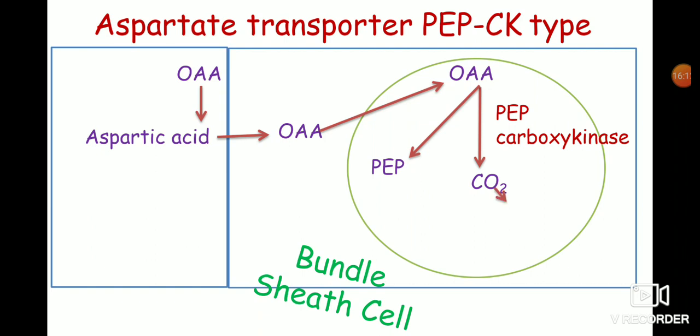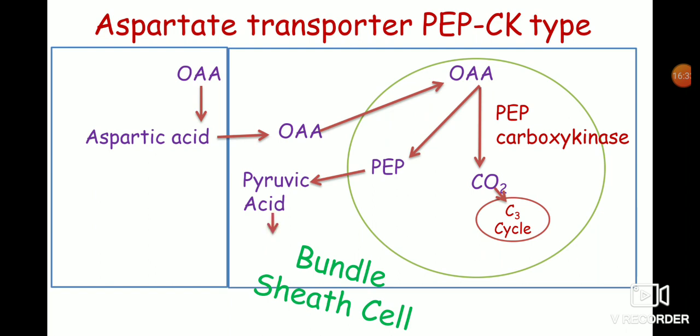The carbon dioxide which is released enters into the C3 cycle, and the phosphoenol pyruvic acid first undergoes dephosphorylation in the cytoplasm of the bundle sheath cell and forms pyruvic acid.